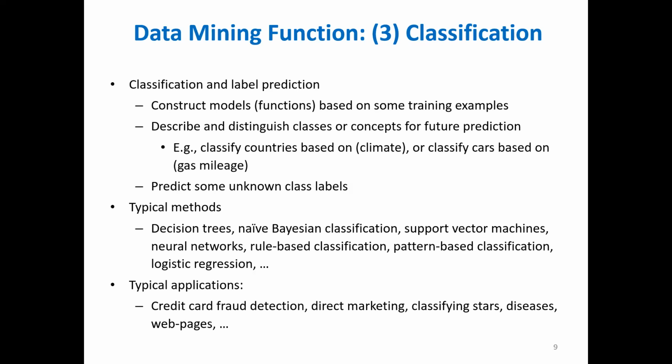Google is using classification, your Gmail is using classification, your Amazon is using classification. Every big application available in the market is using some classification algorithm to classify its data set, to classify its products, etc.